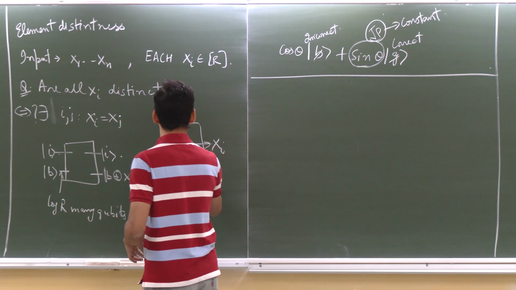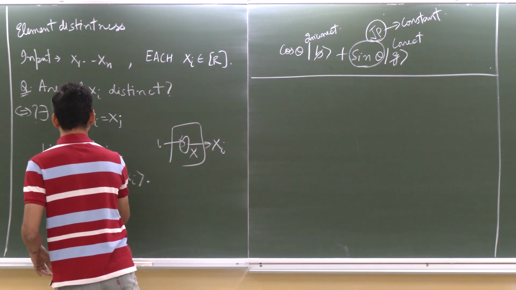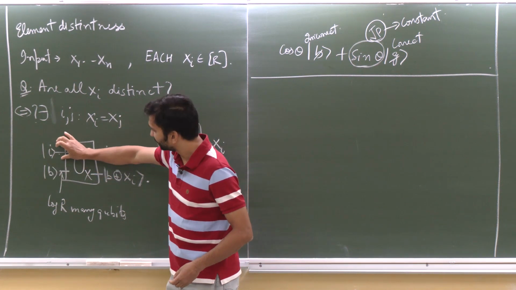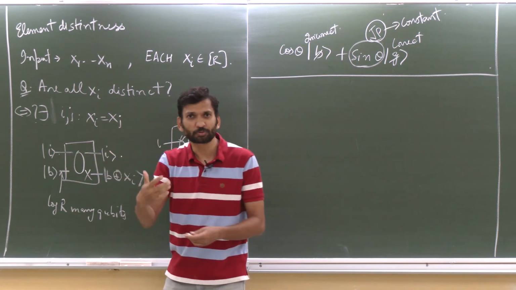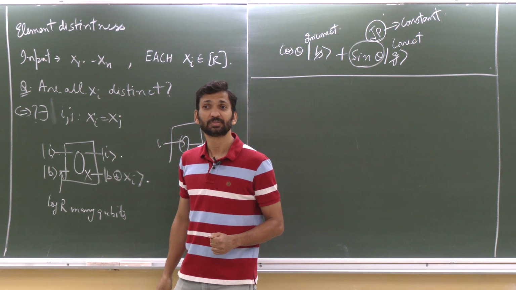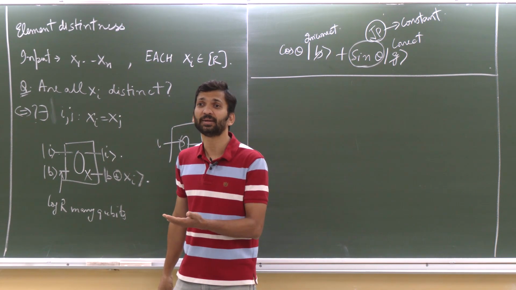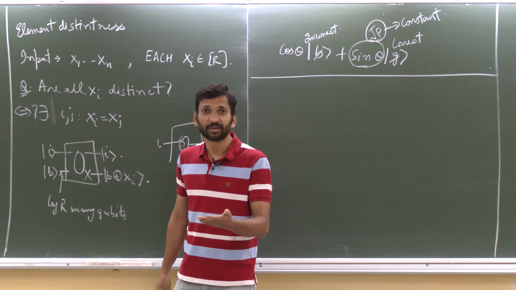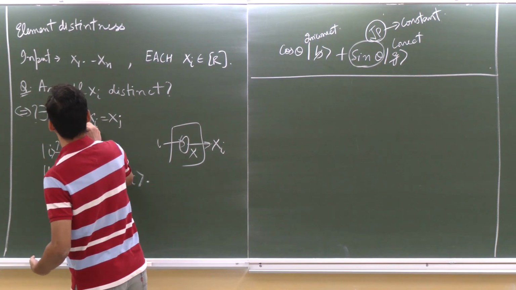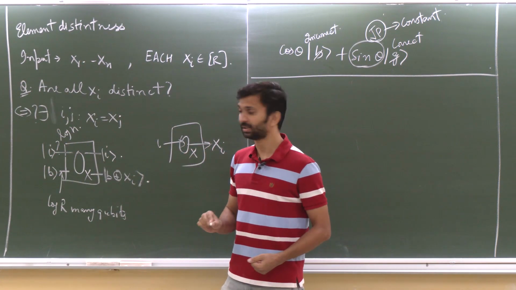I have written this by one line, but there are a lot of qubits here. How many qubits are here? What are the choices for i? 1 to n. So log n, right?